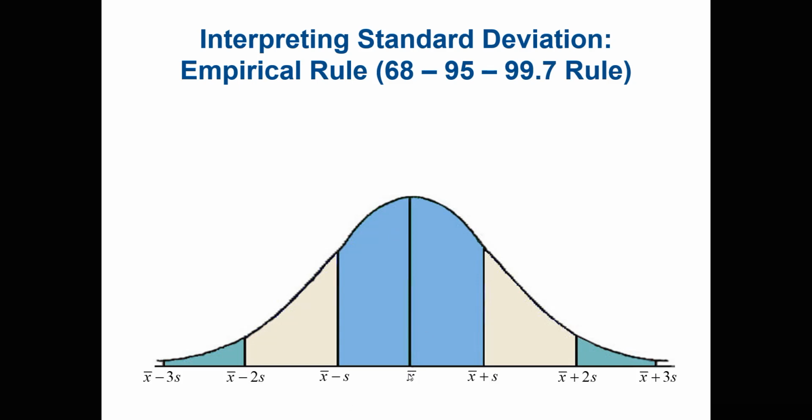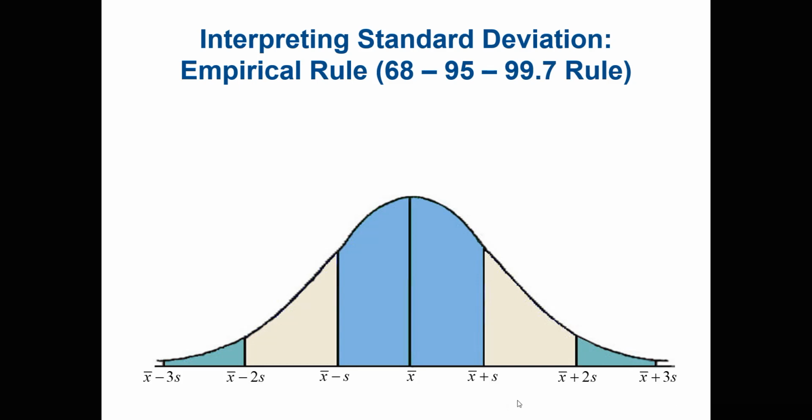Now, here you have 1 standard deviation away from the mean, away to the left, away to the right. So you expect 68% of your data set to be 1 standard deviation from the mean. You expect 95% of your data set to be 2 standard deviations.